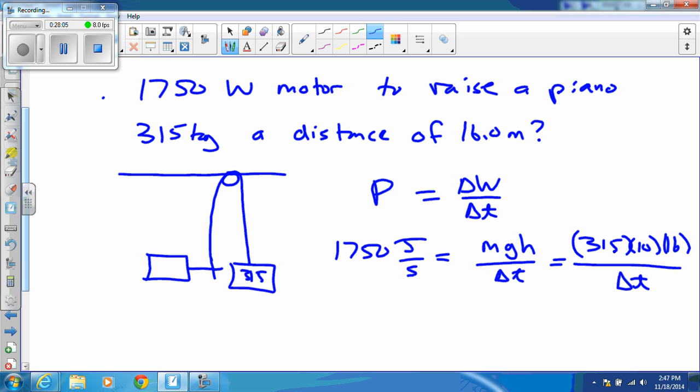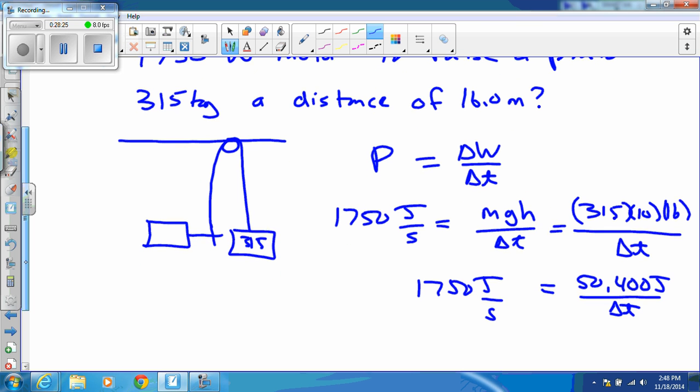And if I remember correctly from the previous class, that is 50,400 joules divided by delta t. This is the total amount of energy that it takes to get the whole job done. And I am capable of delivering that through this motor at a rate of 1750 joules per second.